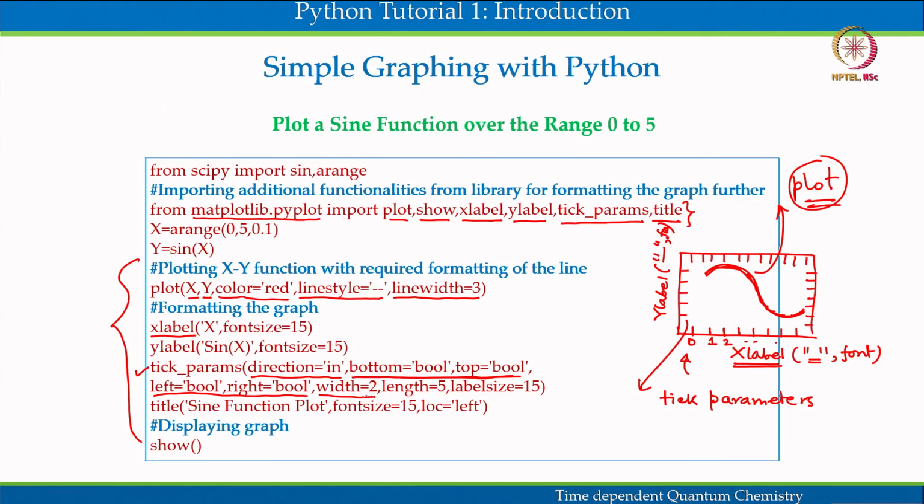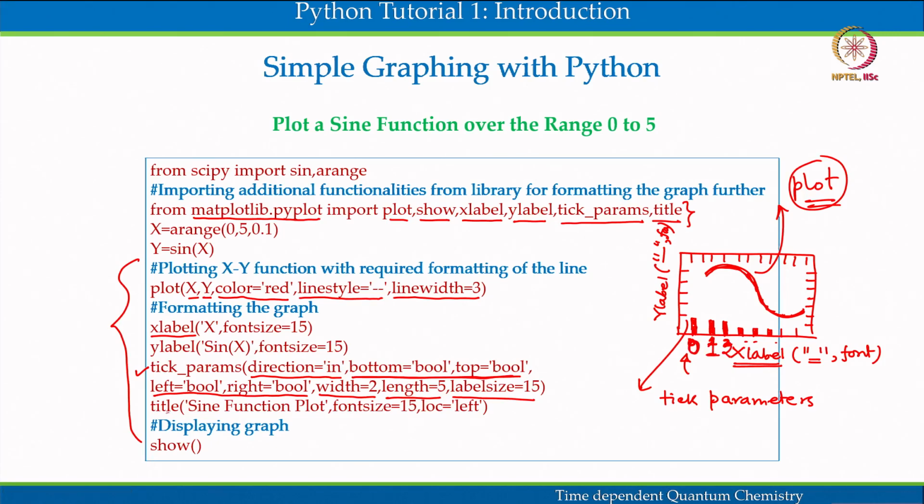Then the width is how wide each tick line should be. That's the width. Length, how long is going to be each tick, that's the length. And label size, this size of the label, so it would be bigger if we increase the label size.